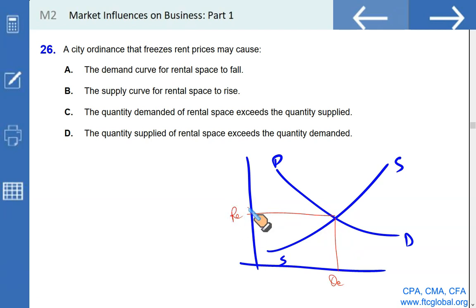Now the rent freeze would mean it is set below the equilibrium, right? At this point, the quantity demanded would be more than the quantity supplied, so there would be a shortage. The quantity demanded of rental space exceeds the quantity supplied. That makes C the correct option.